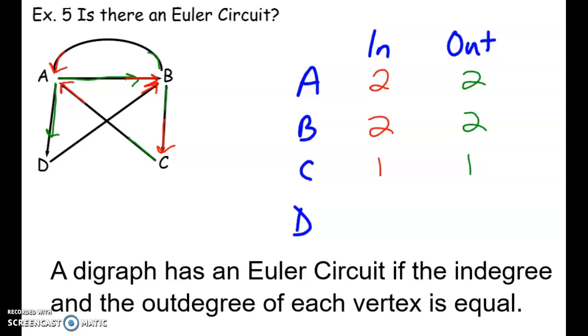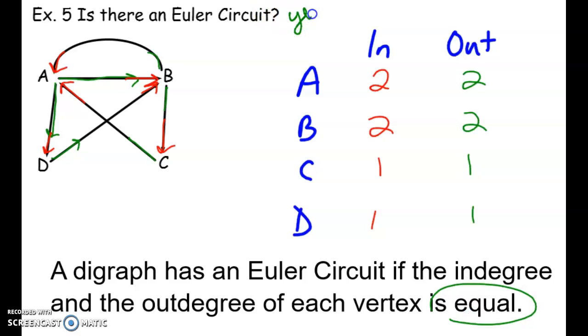Okay, and finally D has 1 edge going in and 1 edge going out. So we want to say, would this be an Euler circuit? So since the in degree and the out degree are the same for each vertex, we would say yes. Okay, it does have an Euler circuit because the in degree and the out degree was equal for each case.